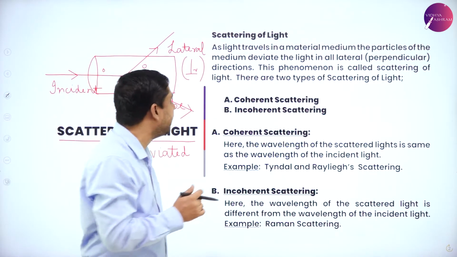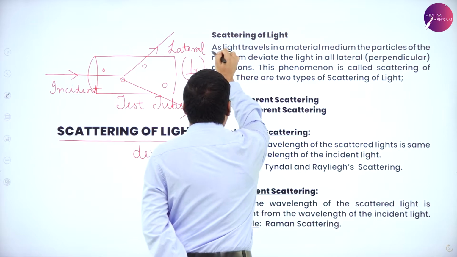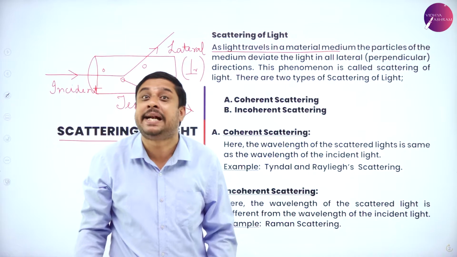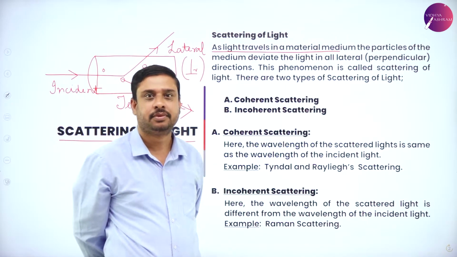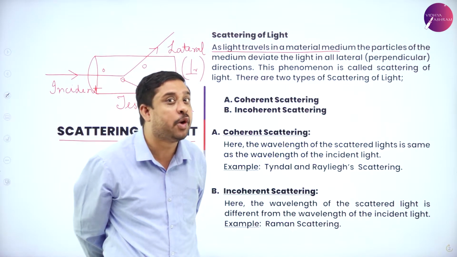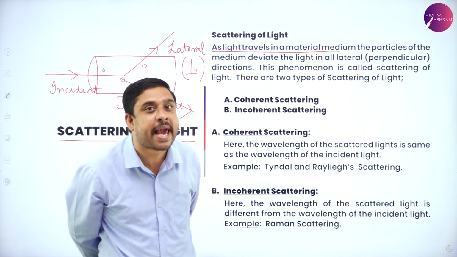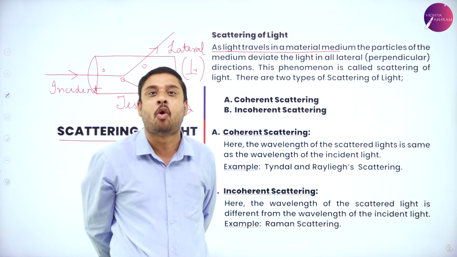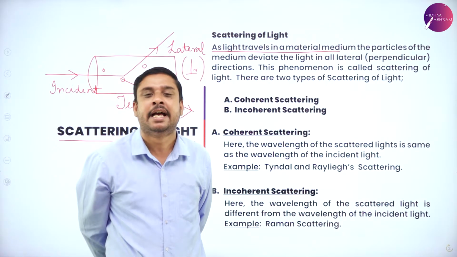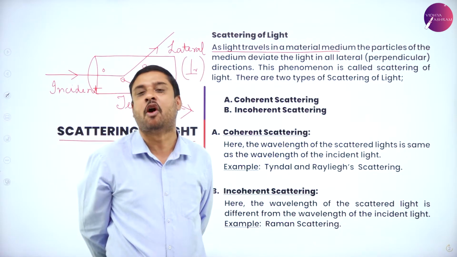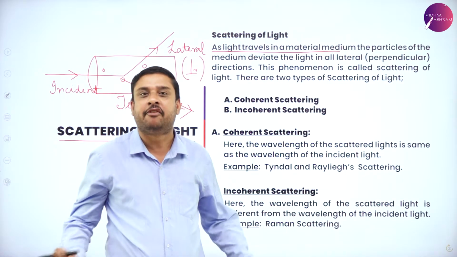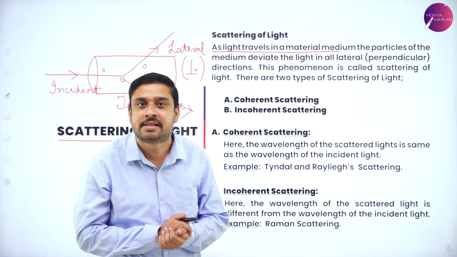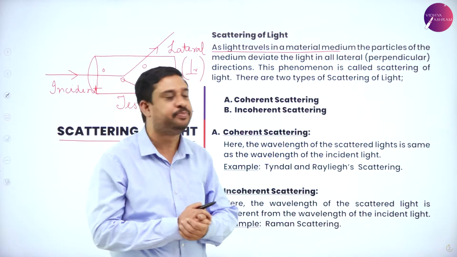Therefore, by definition, as light travels through a material medium, very important, I told, in free space, in vacuum, there is no scattering of light, there is no deviation of light. The phenomenon of scattering happens in a material medium.